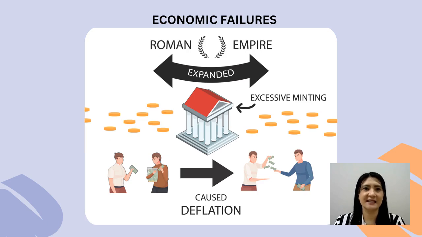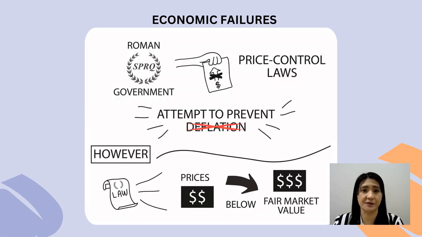First off is economic failure. The Roman Empire's economic struggles began with an over-reliance on the minting of coins, which then led to deflation. The government attempted price control, however, but these laws created economic imbalance.